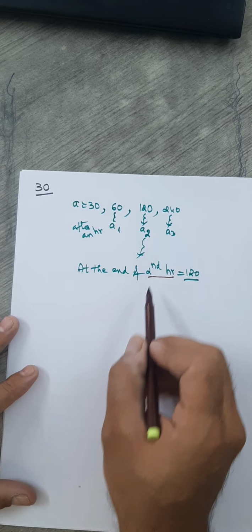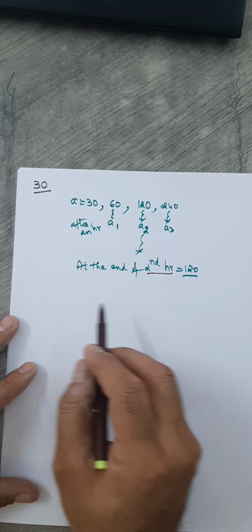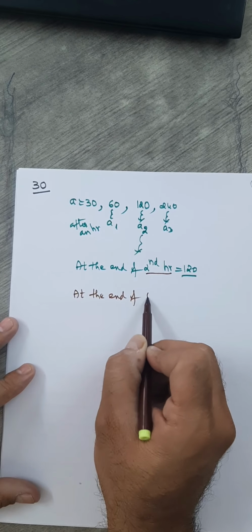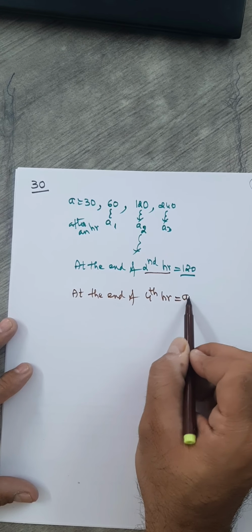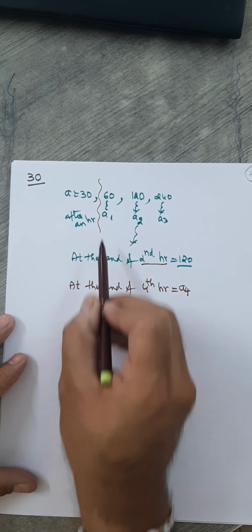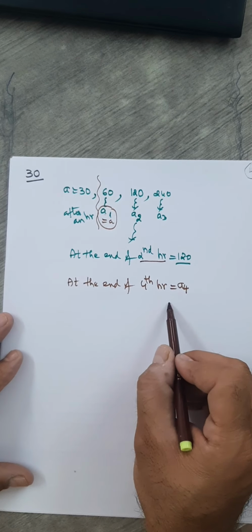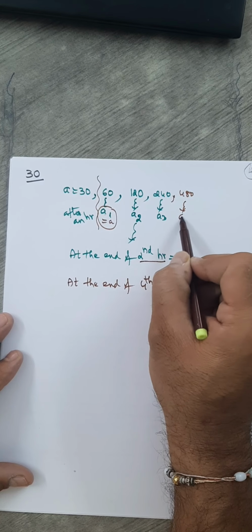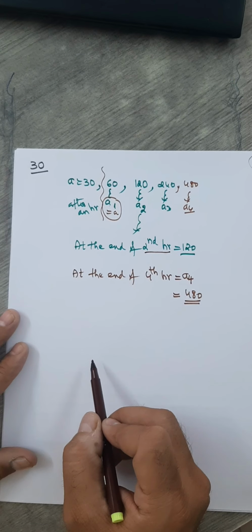At the end of the fourth hour, that is here A4. But remember, A will be this. This is your A because we have called this A1. After 1 hour, it is this. So you can write directly from this, double of this, which is 480, or you can use the formula also.